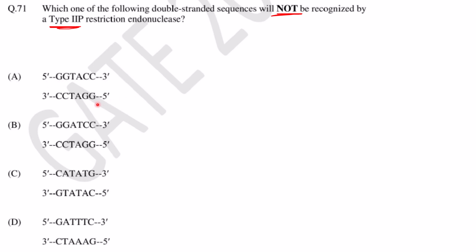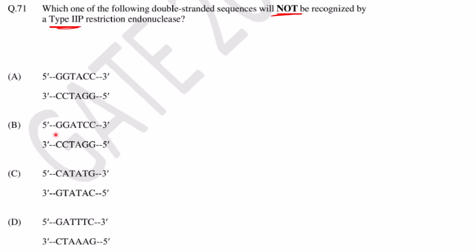In the complementary strand also it should be GGTACC when read in 5' to 3' direction. So the bottom strand is GGTACC, that is 5' 3' direction. So it is palindromic. It will be recognized by type 2 restriction endonuclease.